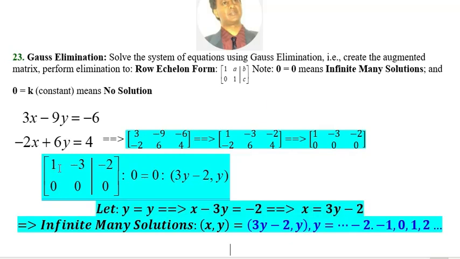That is x minus 3y equals minus 2. That means x equals 3y minus 2. So the infinitely many solution xy is, x is 3y minus 2, and y is just y, where y is from minus infinity to infinity.